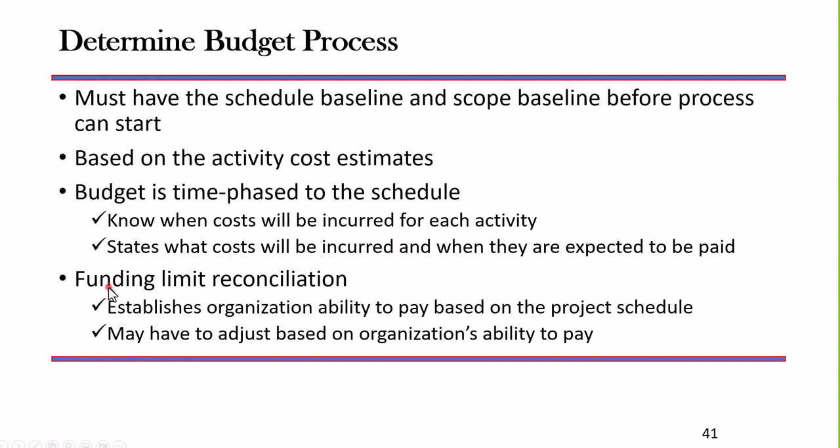Just a couple of comments here. We have to have the schedule baseline and scope baseline before we can even start this process. It is based on the activity cost estimates, and it is time phased. The budget is time phased to the schedule. And if we need to do the funding limit reconciliation, then of course we would do that as well.